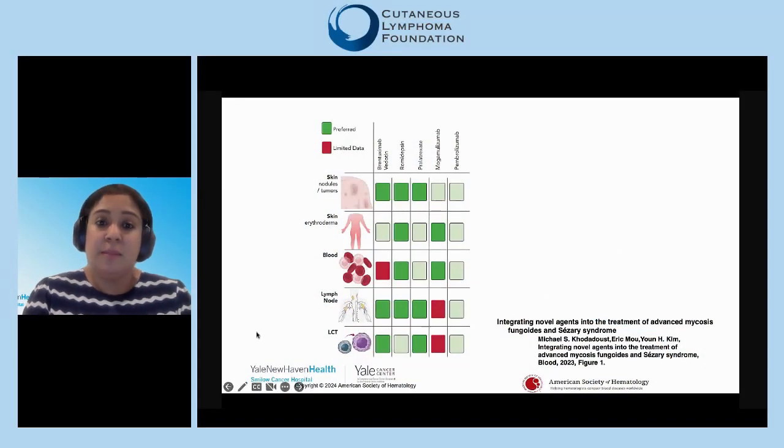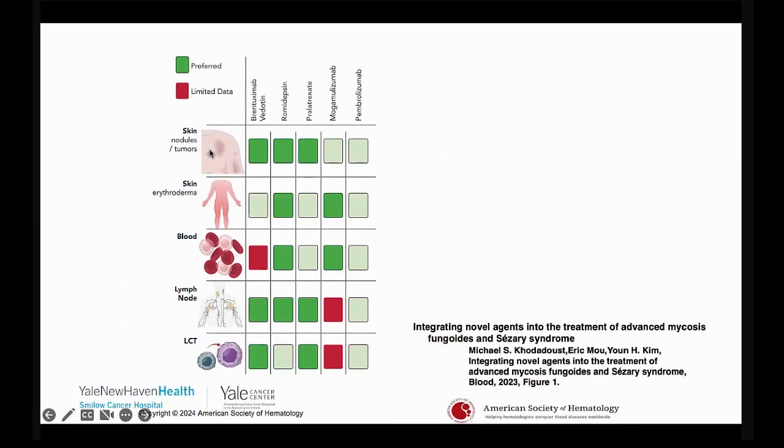This is a table from a paper by our Stanford colleagues, and it's really helpful to explain how different drugs, which I'm going to talk about subsequently during this talk, can have differential activity in different compartments for cutaneous T-cell lymphoma. Here, different shades of green mean that there is activity in that particular compartment.